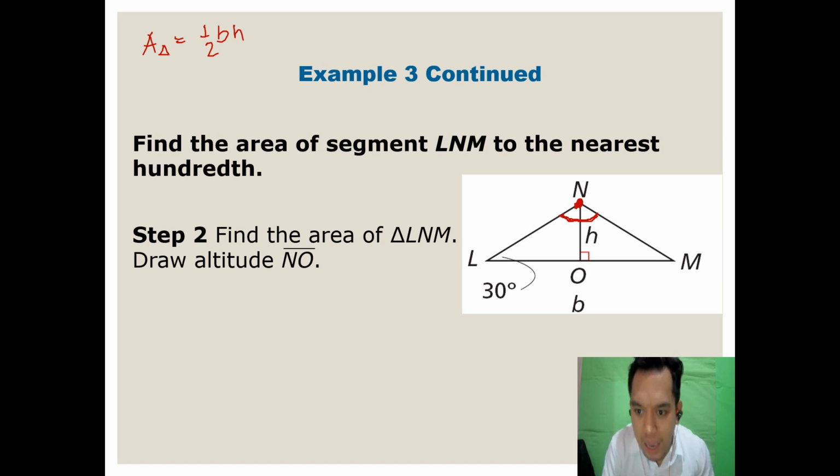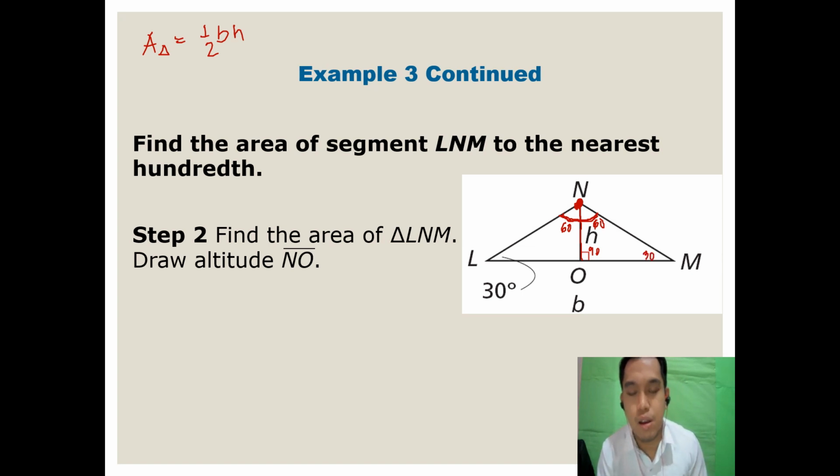But since binisect yan ng segment na to, nahati. This will become 60 degrees. Ito din 60 degrees dyan. Okay? So therefore, kung ito ay 60, ito ay 90, and ito naman ay 30 degrees.